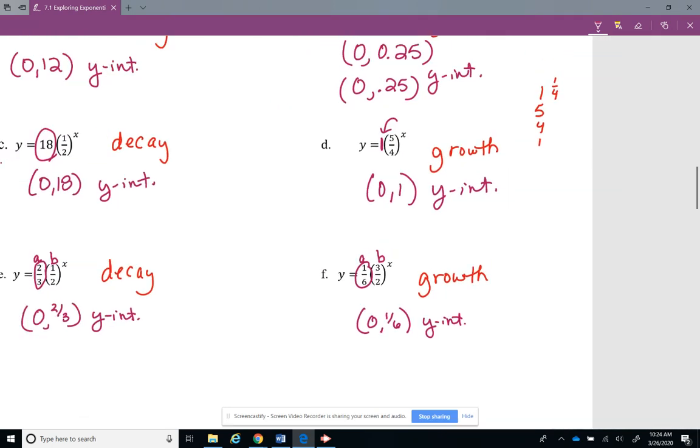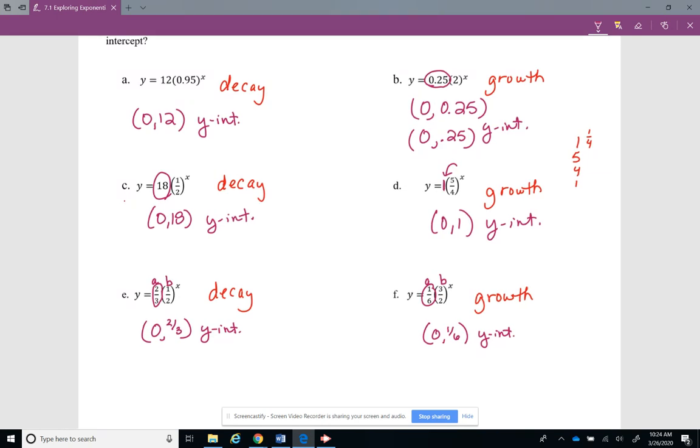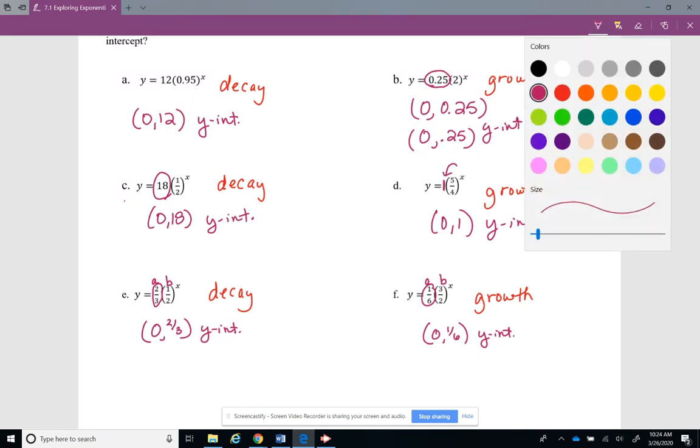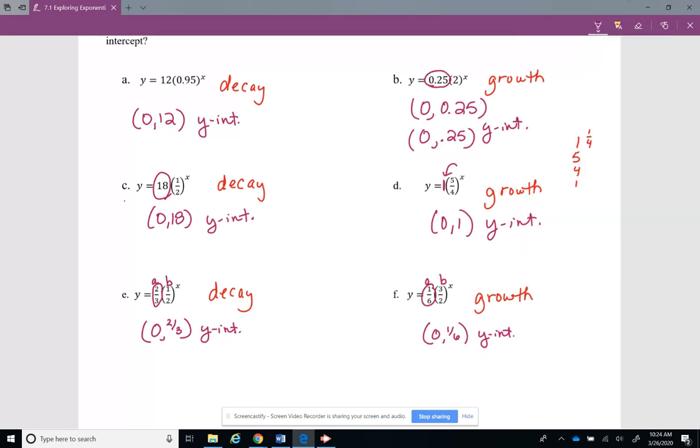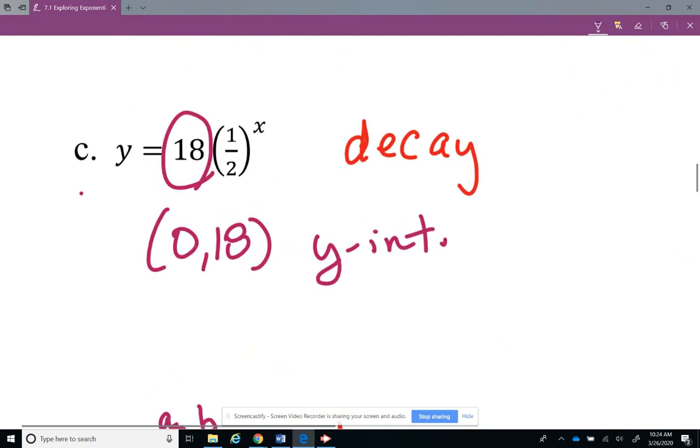Now, if I asked you to go explain the growth and decay for me, you could go back and do this. So I'll do it in purple. For A, B is less than 1. Now let's look at B. B is greater than 1. I'm circling it and then I'm saying it.